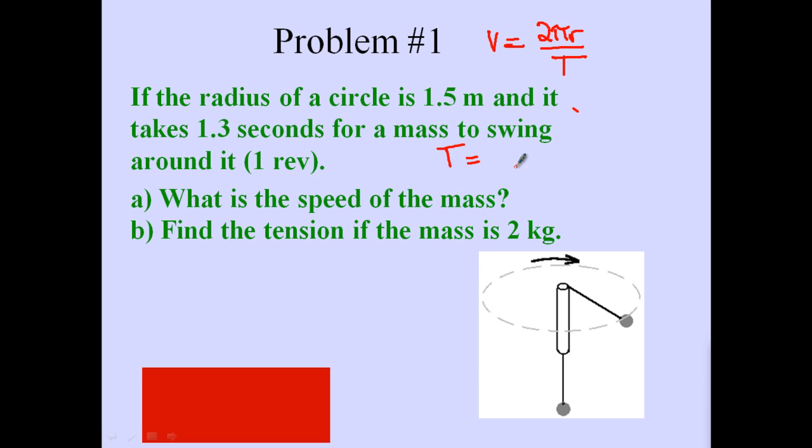We're talking about seconds per revolution, so 1.3 seconds per 1 revolution. Plug everything in, we get 2 pi times 1.5 divided by 1.3, which should give us our velocity, 7.25 meters per second.